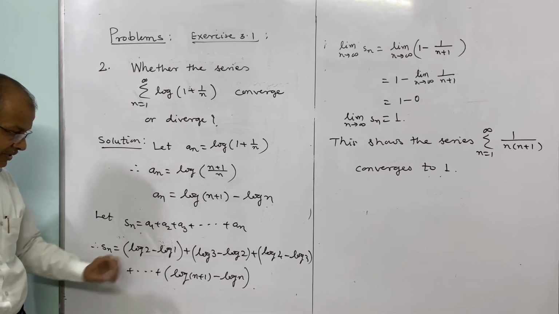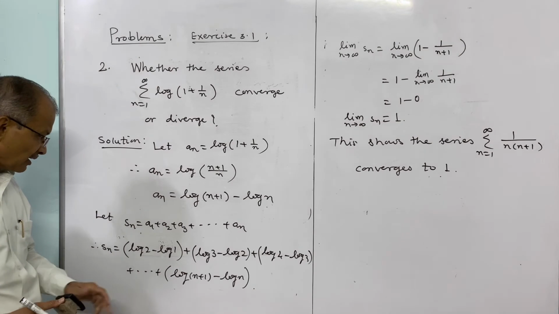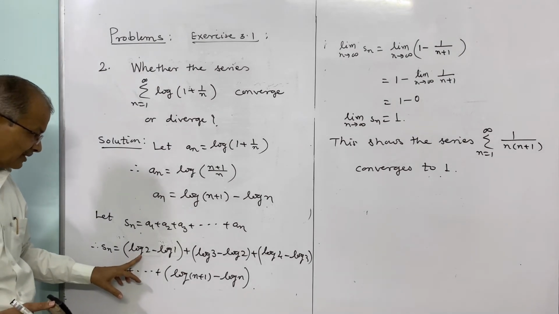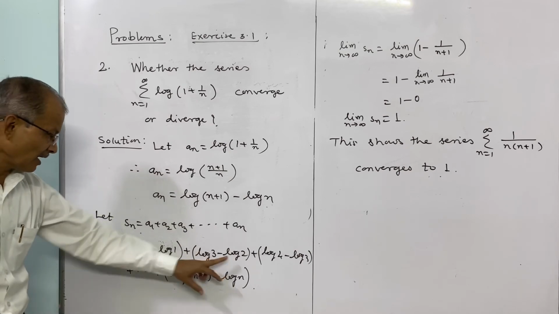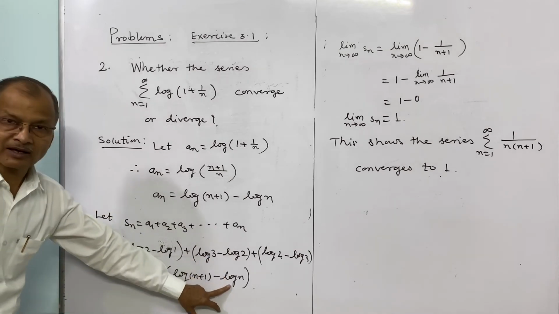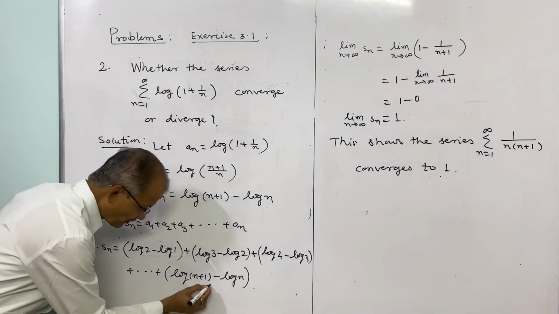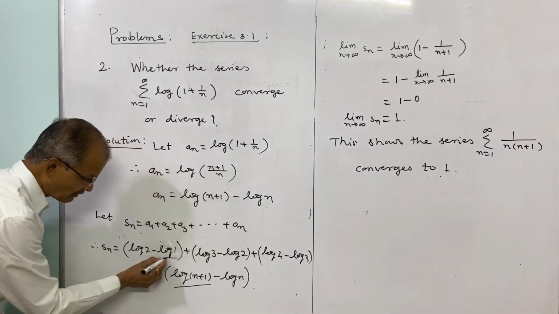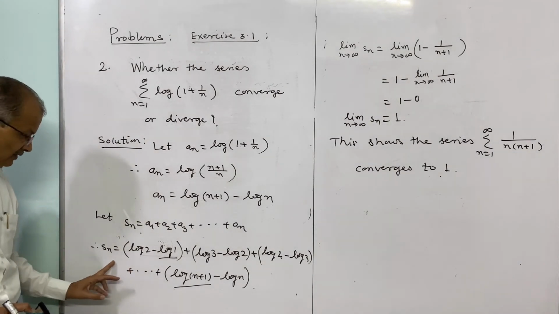So minus log 1 remains, and in the last expression the first term gets cancelled with the next bracket and the second term will be cancelled with the earlier bracket, so log of (n plus 1) will remain. This will not be cancelled. You may observe this and verify.